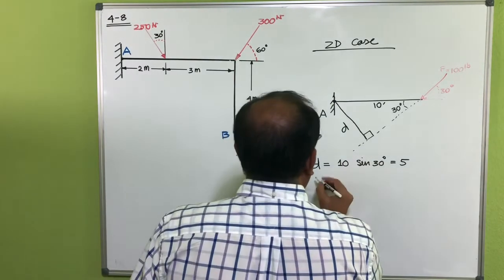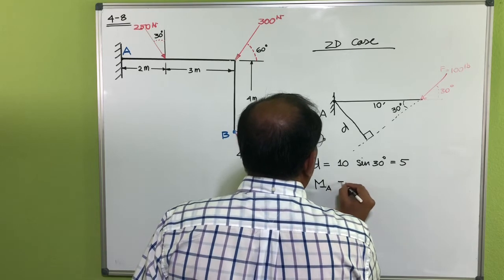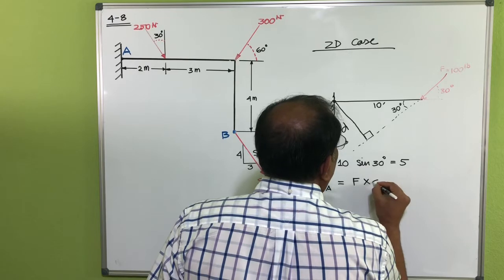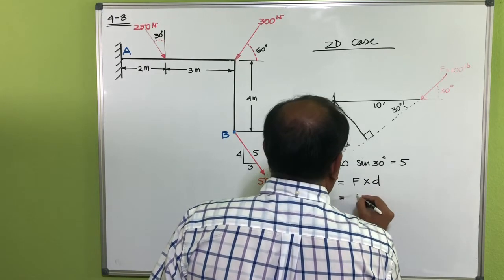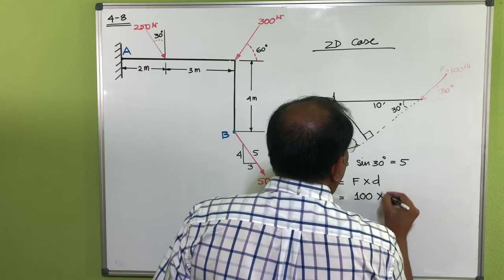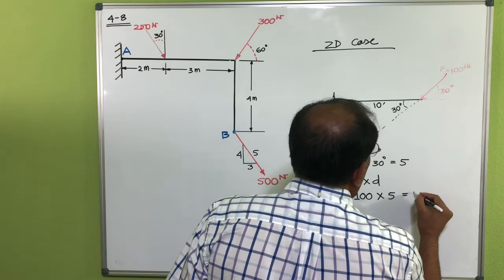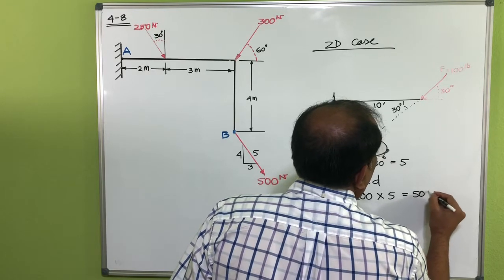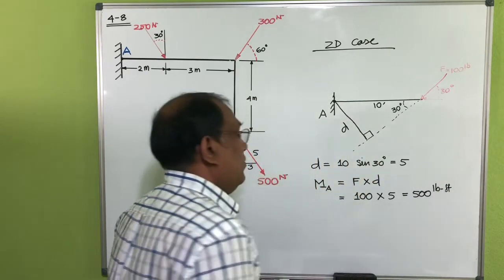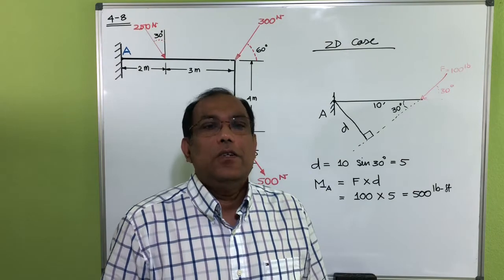And the moment at A is equal to force multiplied by D, which is 100 multiplied by 5, equal to 500 pound-feet or feet-pound, whatever you say. That's one way to do that.